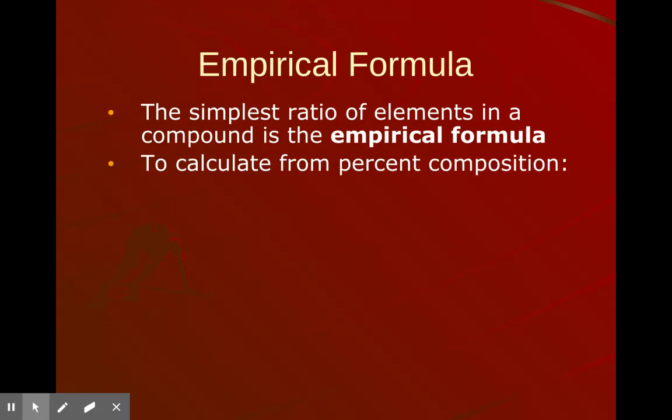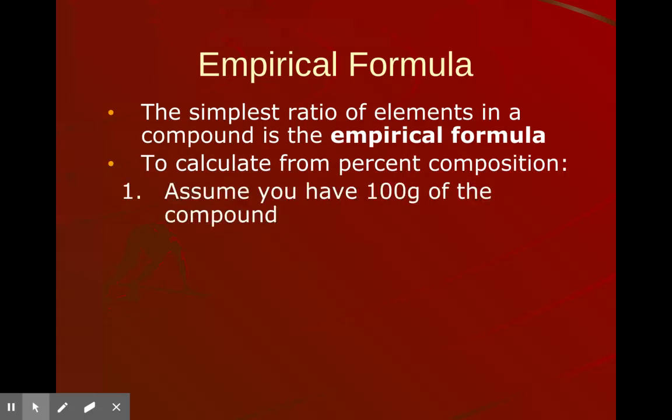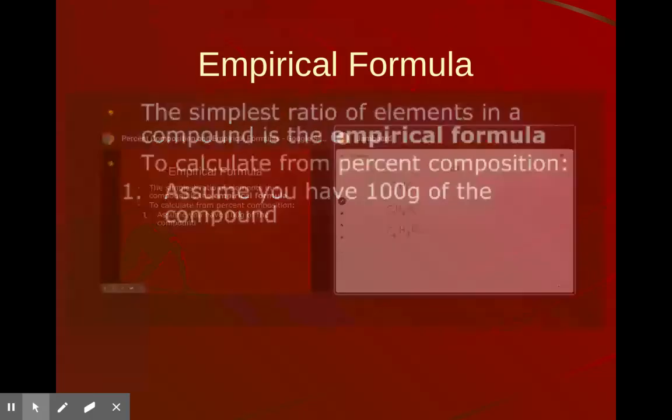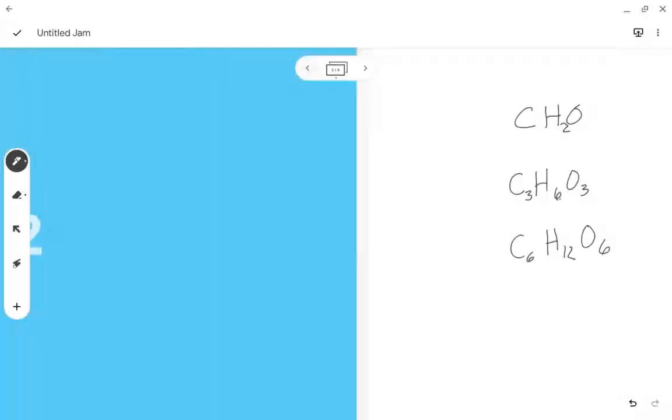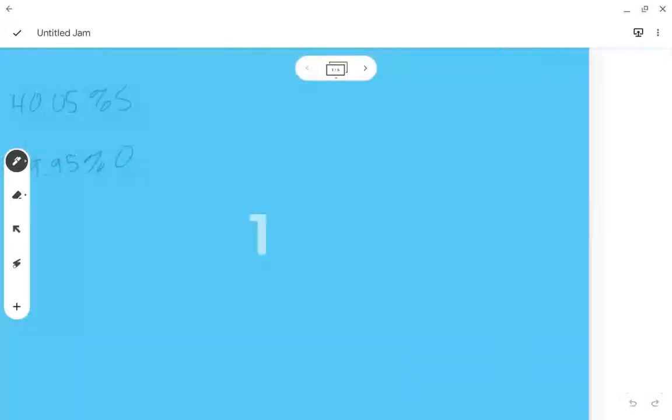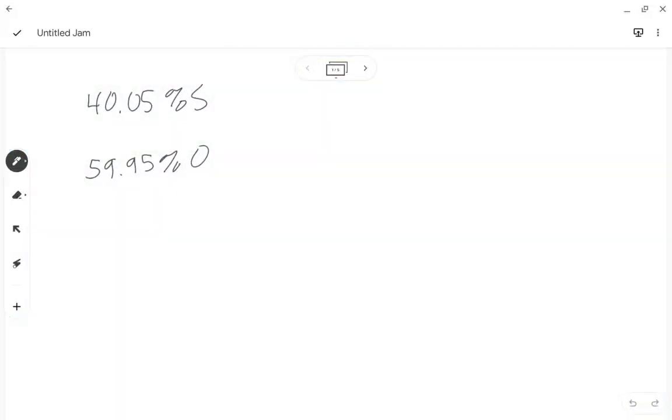But the process for calculating empirical formula is first you assume that you have 100 grams of the compound. And we're going to take a look at a sample problem where we have a compound that is 40.05% sulfur and 59.95% oxygen. So that's its percent composition, or its percent by mass.